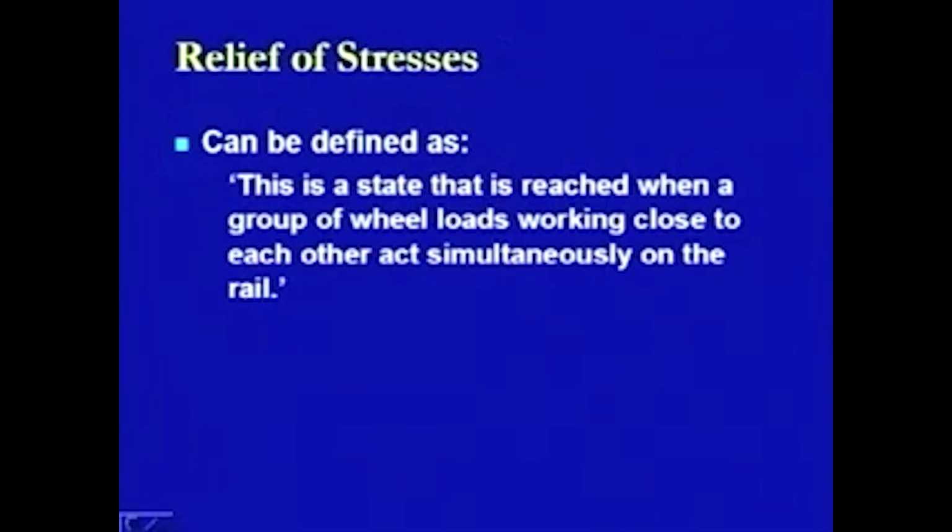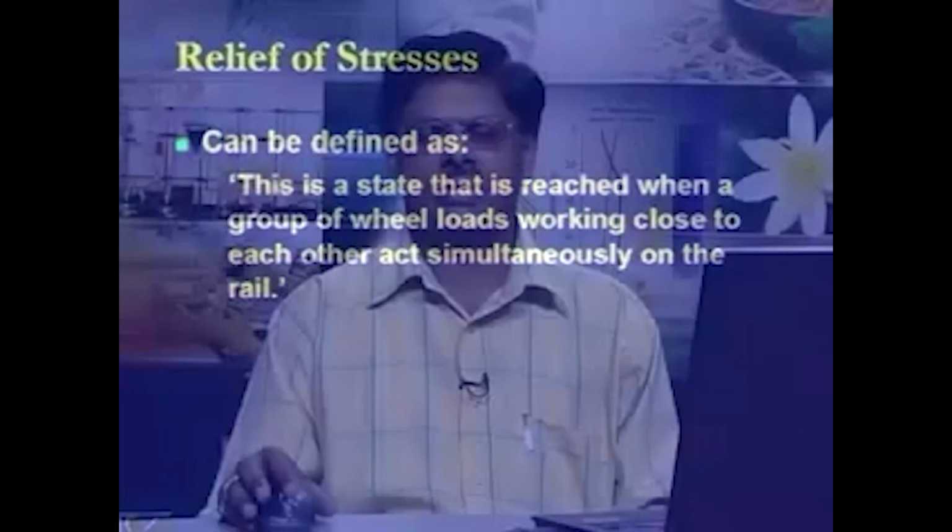So, this relief of stresses can be defined as the state that is reached when a group of wheel loads working close to each other act simultaneously on the rail. Now, as we have seen previously, when we are trying to define and compute track modulus, as soon as the load is being applied from the top, there is a deformation or depression created at the bottom on the rail section.